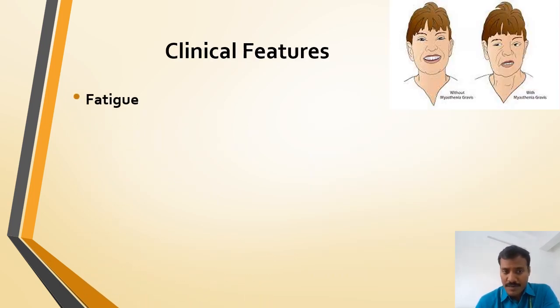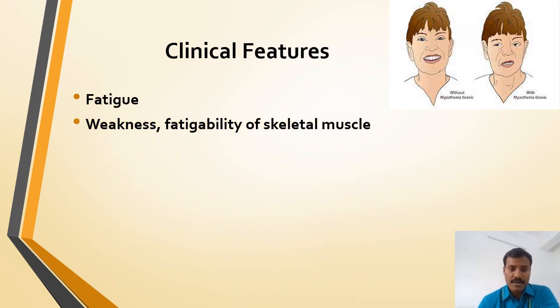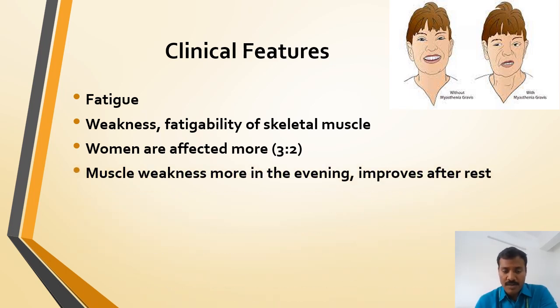Coming to the clinical features, the person feels fatigue, weakness, and skeletal muscle fatigability. Women are affected more than men. Muscle weakness is more in the evening and improves after rest, because there is a concept called running down of acetylcholine. In the initial muscle contractions, there will be excessive release of acetylcholine, and subsequent muscle contractions or nerve stimulation produce less release of acetylcholine into the synapse.